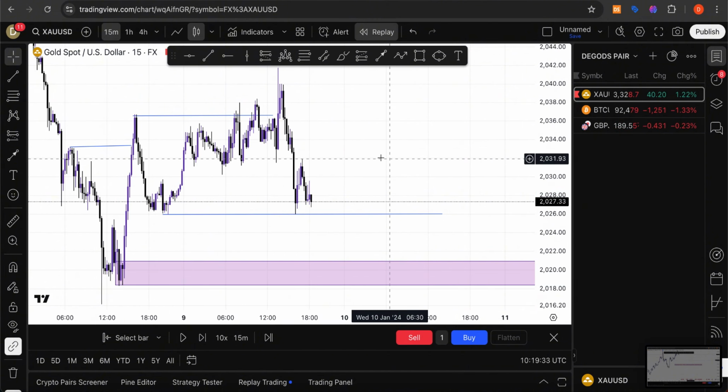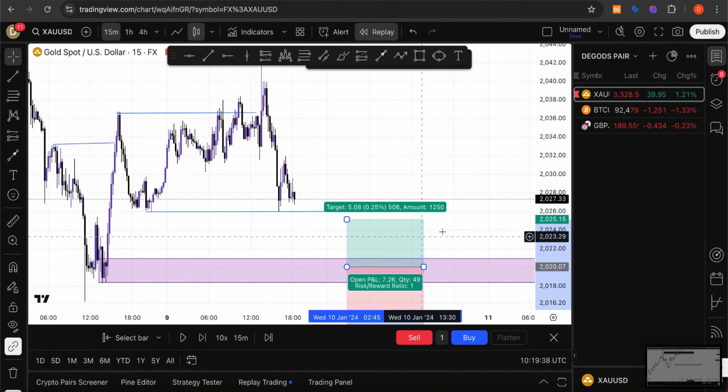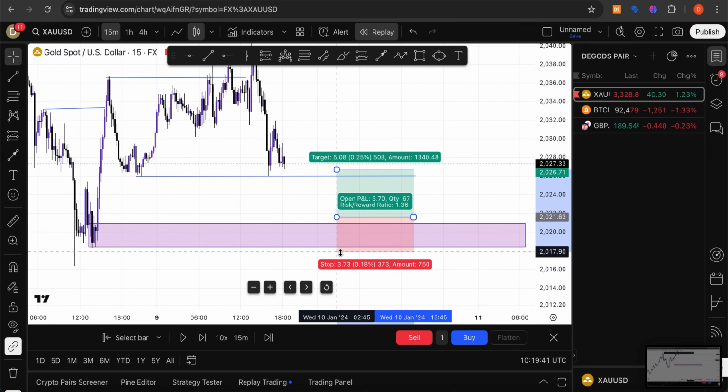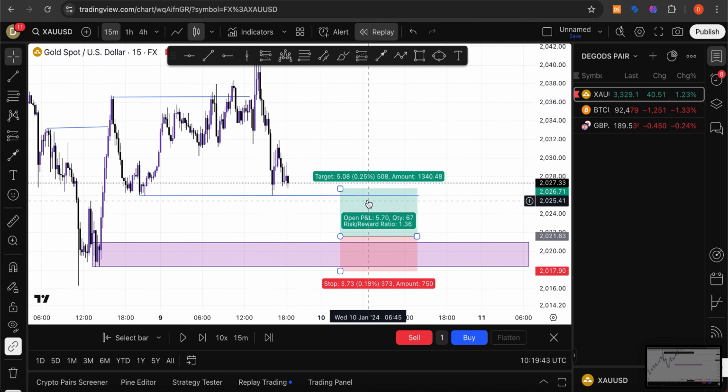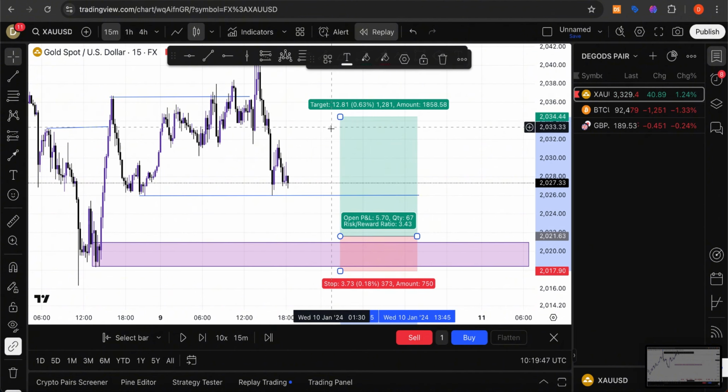So let's see, let's place it. Try and see if it's coming. So we are going to be targeting trade ratio.